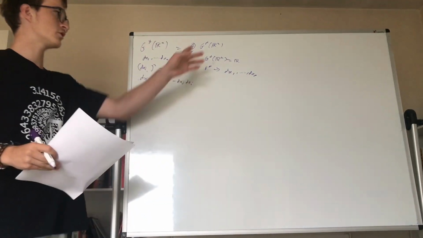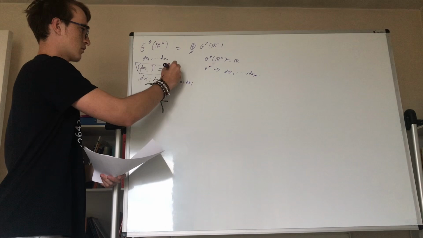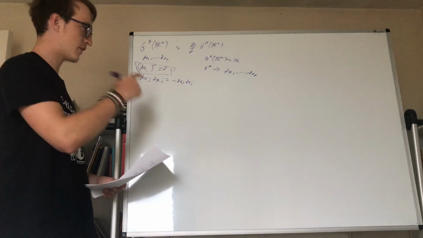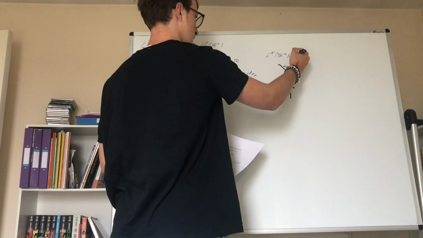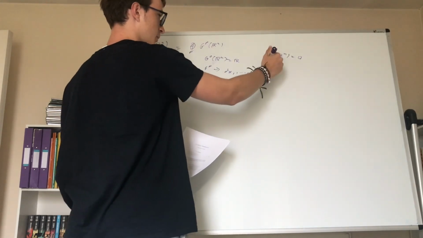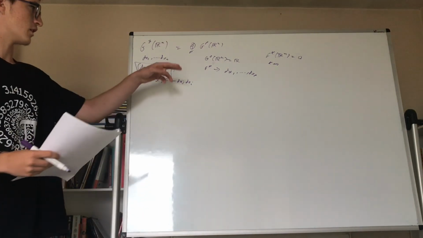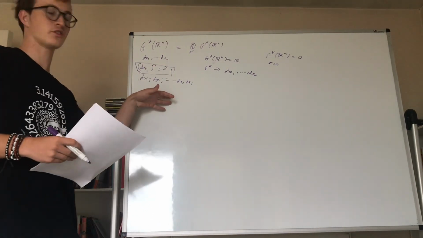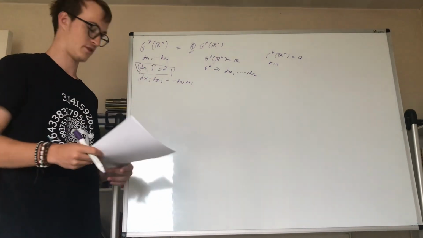And also note that because of this relation here, we have that Gk of Rn is equal to 0 when k is bigger than n. And that's because it would force one of these dx's to repeat itself, and that would make the whole thing equal to 0.